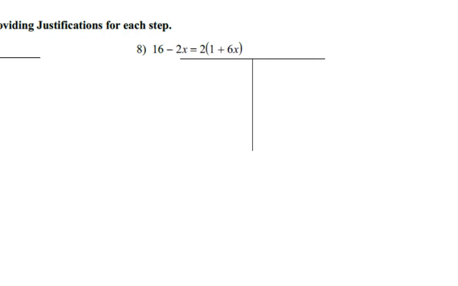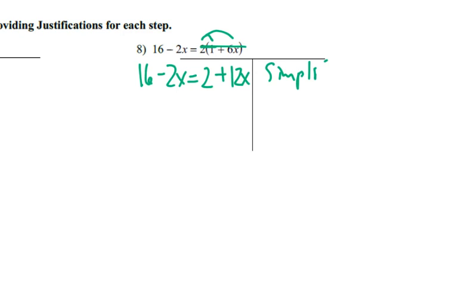Okay, so first thing we can do is distribute to get 16 minus 2x equals 2 times 1 is 2, plus 2 times 6x, 12x. Now, we didn't change both sides, we just simplified using distribution.